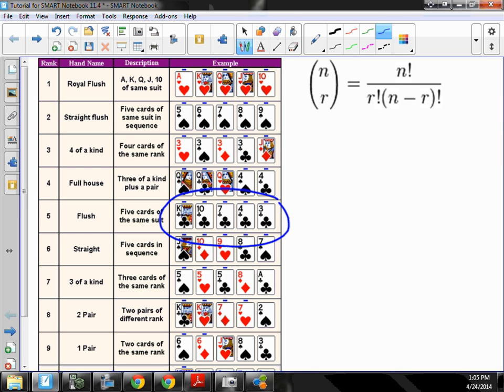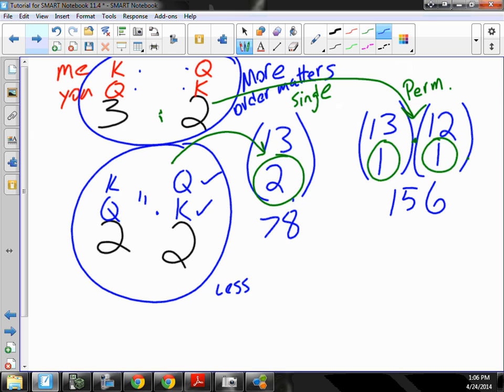So, if I change the order of the numbers, does that change the hand? No. So am I going to pick those 5 cards separately or together? Together. So it would be 13 choose 5. Right? Because if order does not matter, we pick them together. If order does matter, we pick them separately.